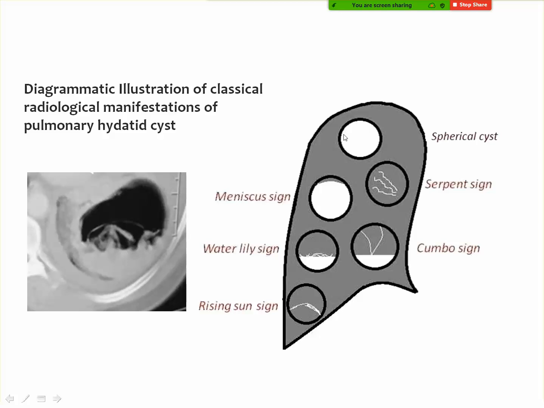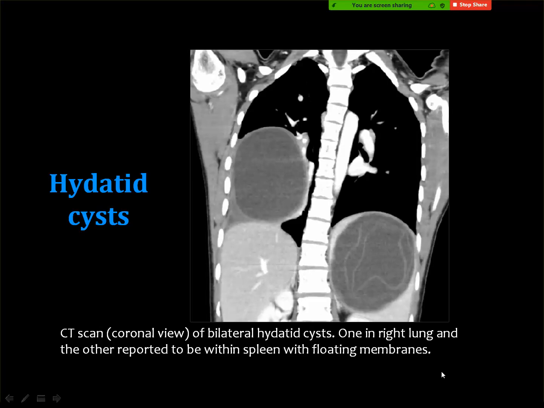The spherical cyst with no other features, just a simple cyst containing fluid, or a meniscus sign, which means you got air in the wall of the cyst, which is very characteristic, and the water lily sign, where you got a wavy appearance of the surface of the fluid level, and the serpent sign, where you got floating shadows inside the cyst, and this is known as the Camalote sign, where you got fluid level and some linear opacities, and this is the rising sun sign, also one of the signs of hydatid cyst.